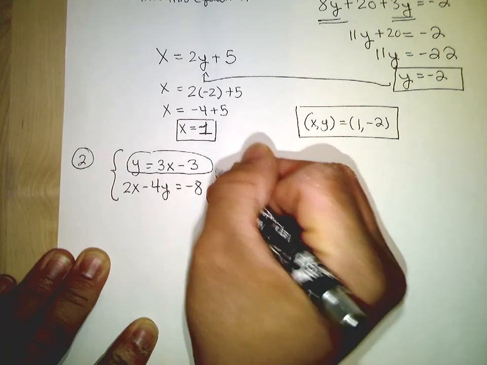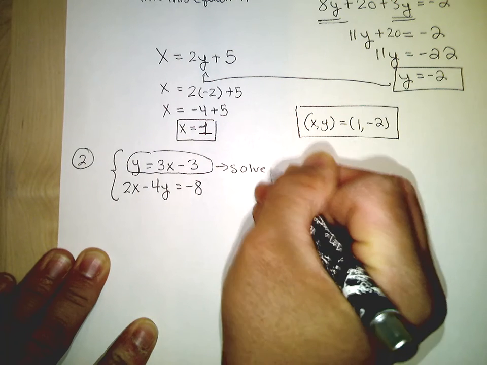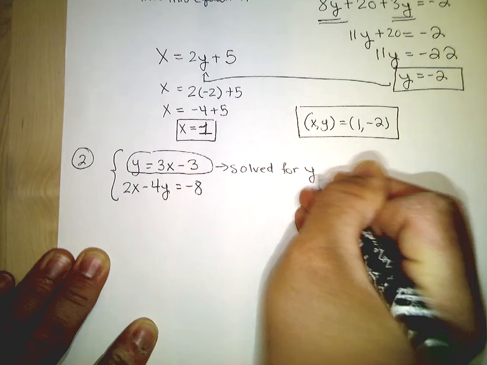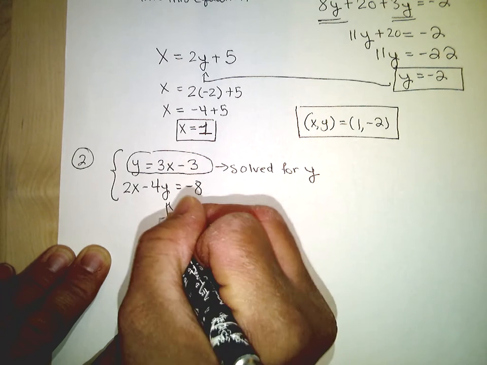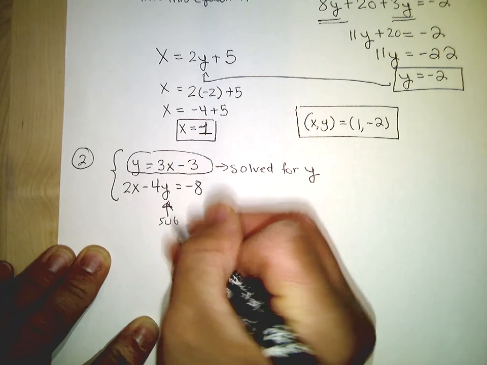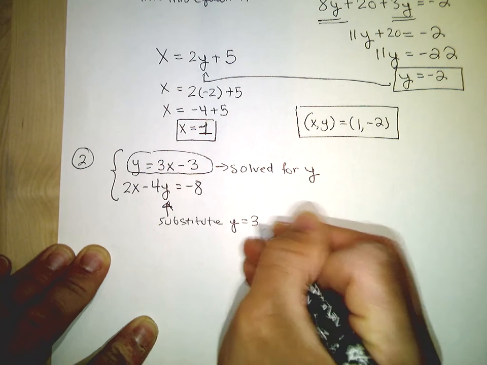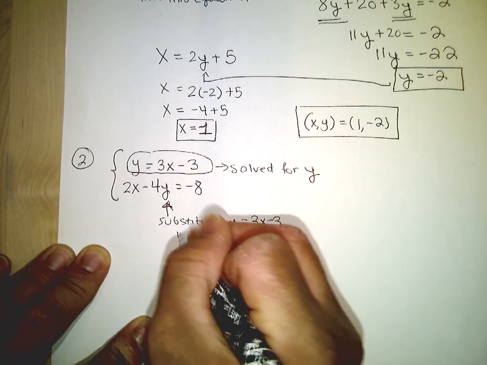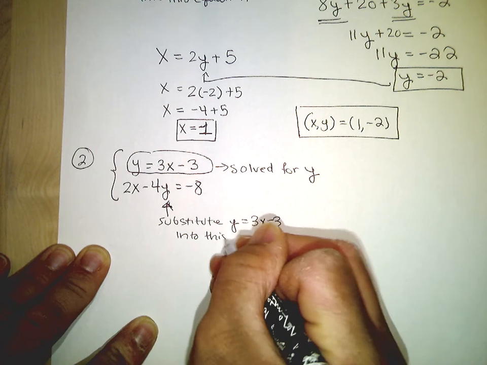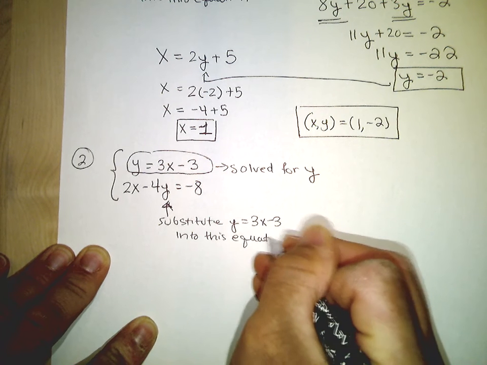So here, this is solved for y. So we'll substitute y equals 3x minus 3 into this equation here.